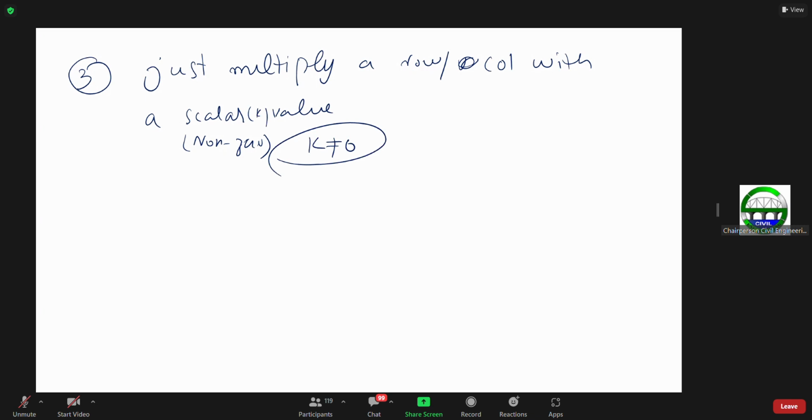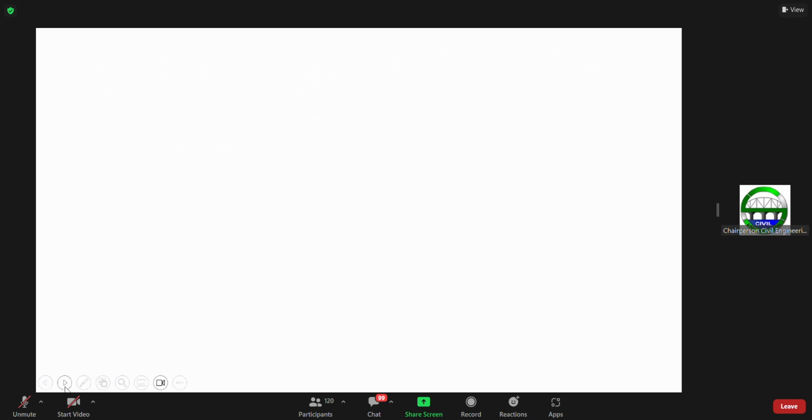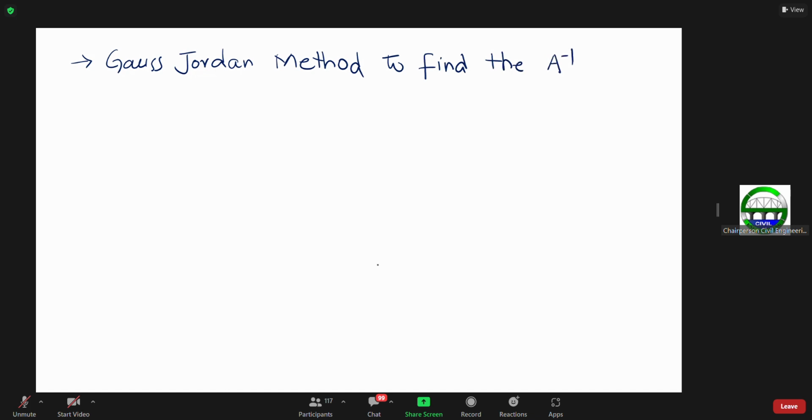Okay, these three things you can do to find the inverse of the matrix as well. Instead of using the matrix method, we're going to use another method which we call the Gauss-Jordan method to find the A inverse.